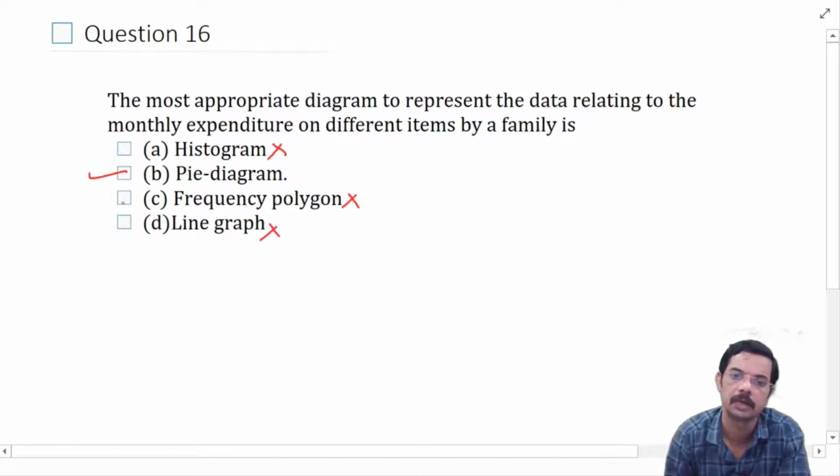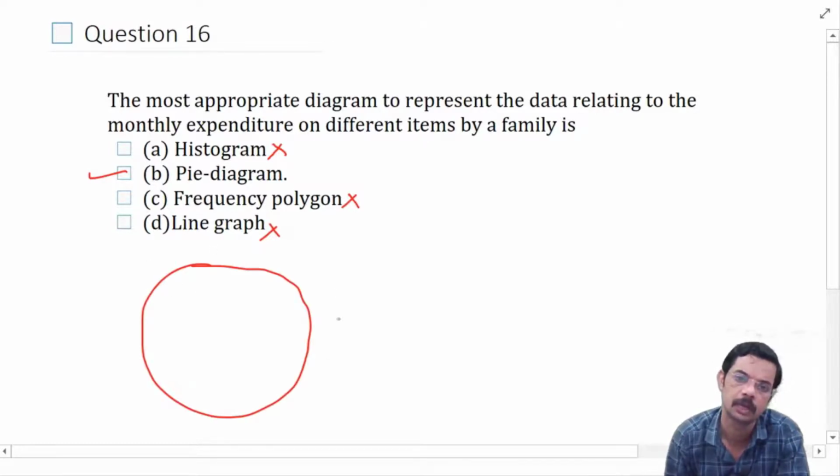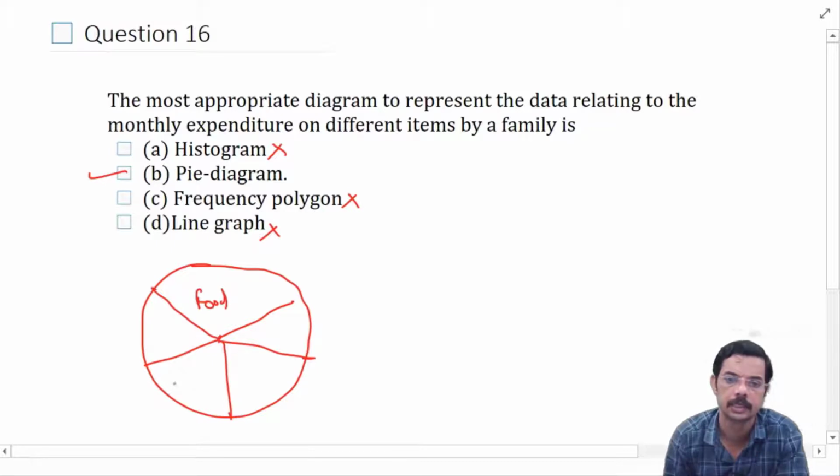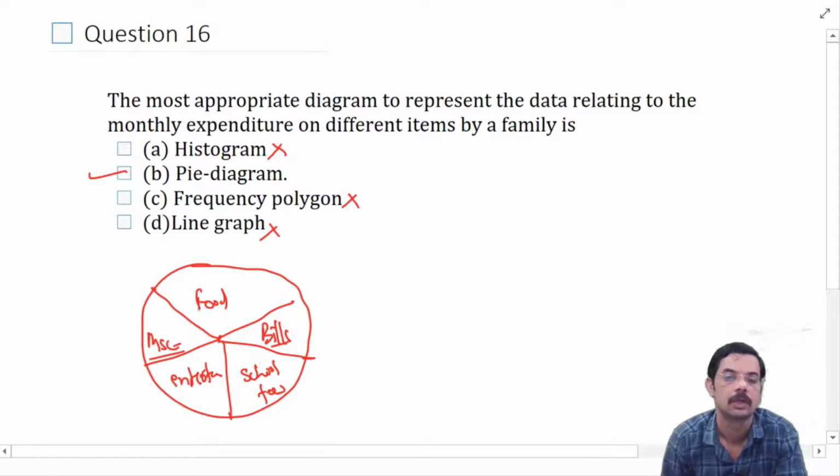So it is clearly pie diagram, because when we take the family as one item, the different expenses are taken into different sectors. So this is food, this is entertainment, these are school fees of children, then we can have bills, and then miscellaneous, or fuel or something.